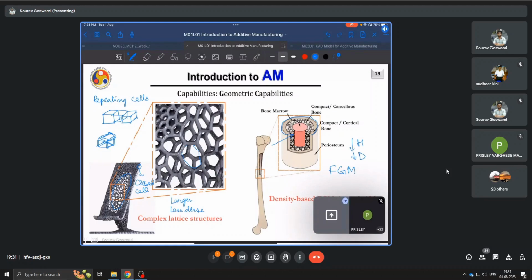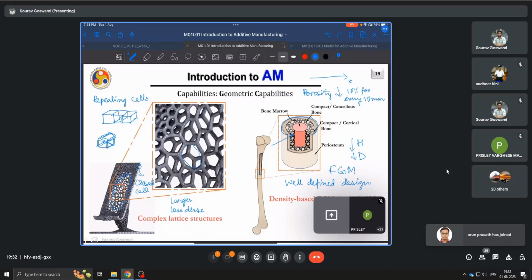Similarly, such structures can be achieved via AM via a very well-defined design. Say you want to proceed in space where you want the porosity to decrease 10% for every 10 mm. It can be done.